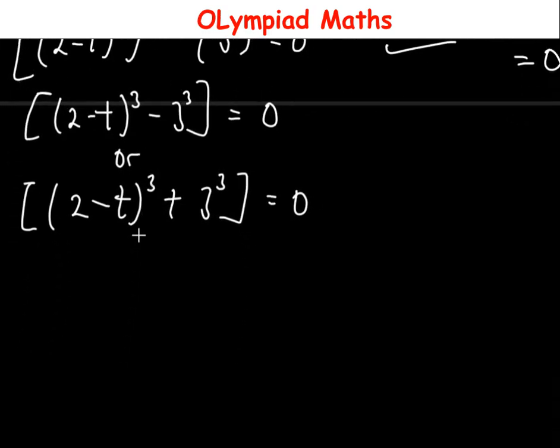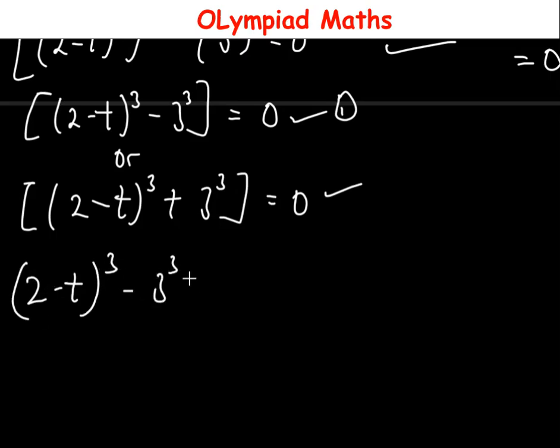Solving this further, we can solve these separately. So let's first start with the first equation, equation 1, in which we have (2 − t)^3 − 3^3 = 0. From here, we have a difference of two cubes.